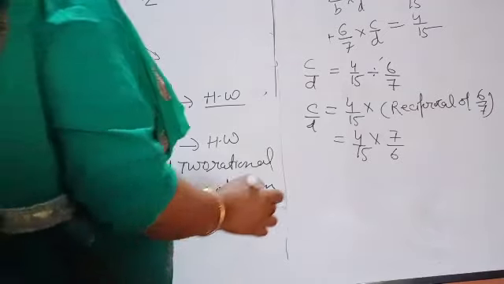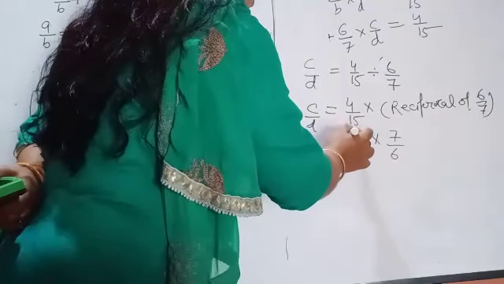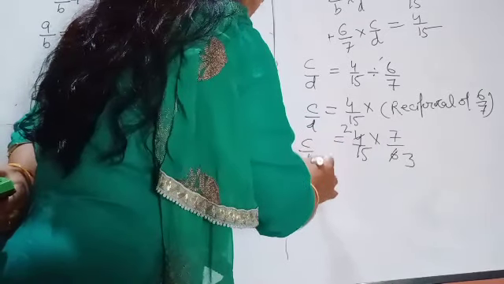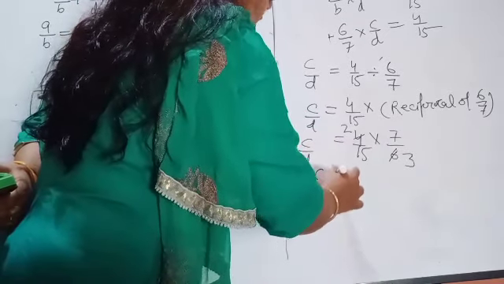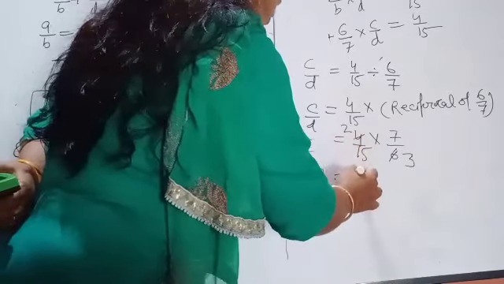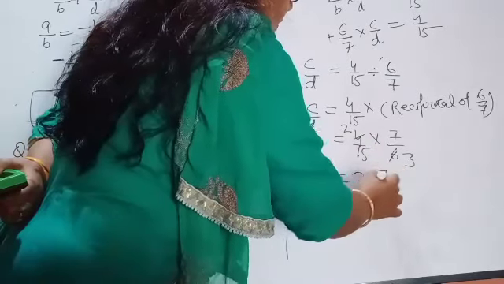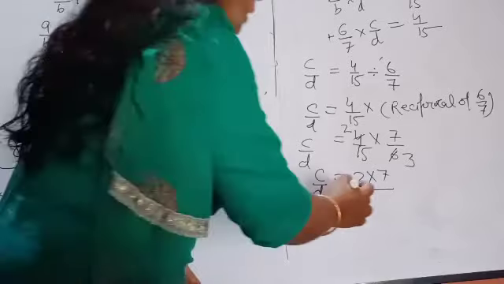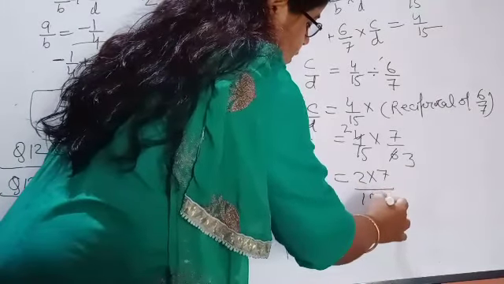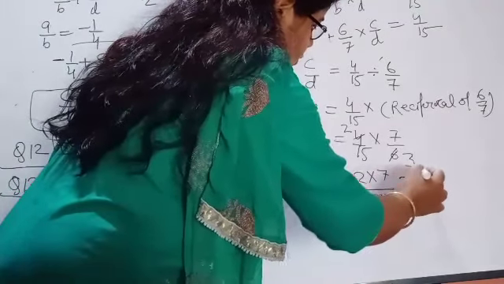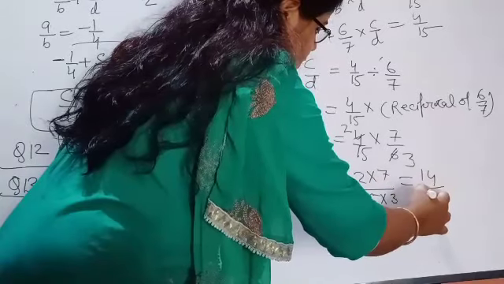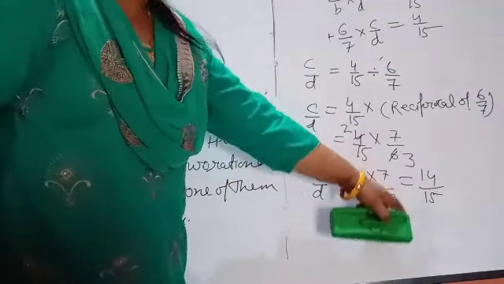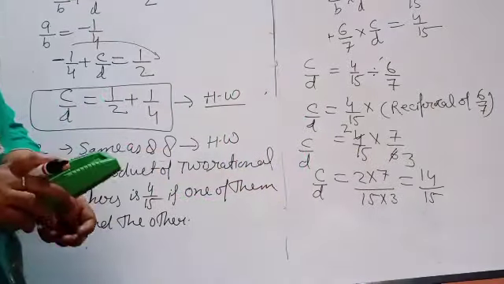Cancelling, 2 2s are 4 and 2 3s are 6. So C upon D is equal to 2 into 7 upon 15 into 3, because now further simplification is not possible. 2 7s are 14 and 5 3s are 15. So the other rational number will be 14 upon 15.